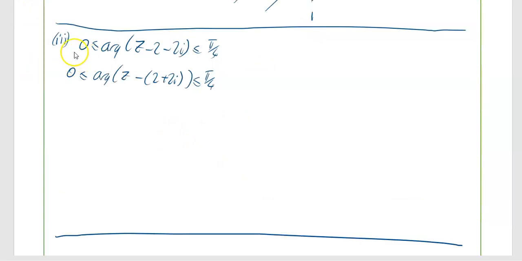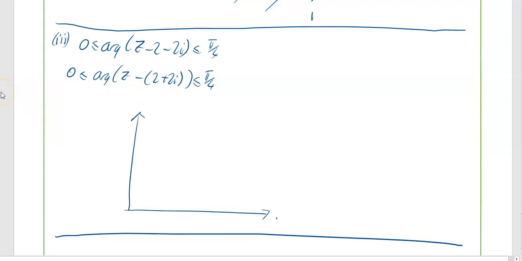For part 3, it said shade the locus of points 0 is less than or equal to arg of bracket z minus 2i is less than or equal to pi over 4. Again, I've rewritten that as z minus brackets 2 plus 2i inside the bracket. If I draw my real and imaginary axes, I can mark on the point (2, 2), which is going to be roughly here.